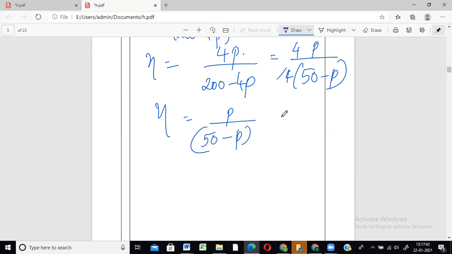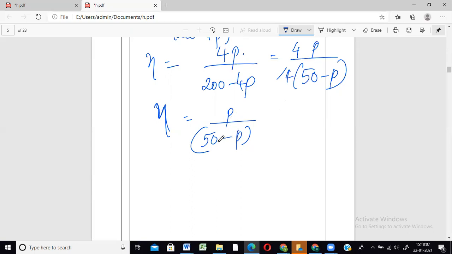Now, when they tell you to interpret the results, what you can do is find out the ranges. We know that there are various ranges for elasticity of demand to take: less than 0, 0 to 1, greater than 1, and so on. Now this value is valid for all p less than 50. If p becomes greater than 50, this will go below 0.